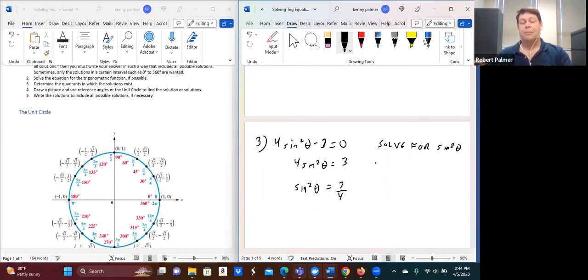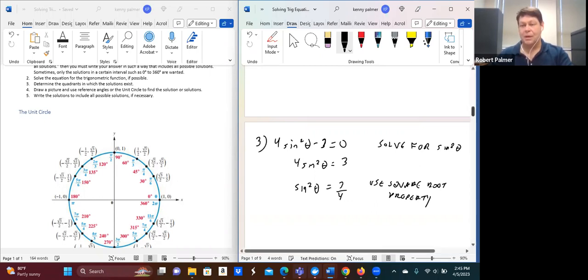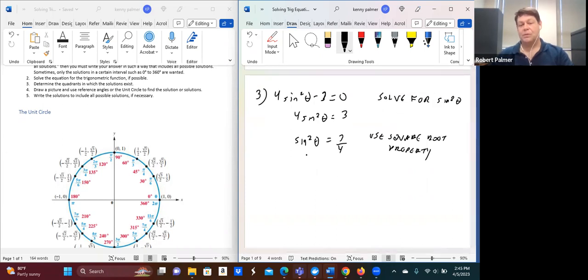Now, here, we want the answer as sine of something. So essentially what to do is use something called the square root property. And what that means is that it's kind of like taking the square root of both sides. So if we take the square root of this, it becomes just sine of theta.